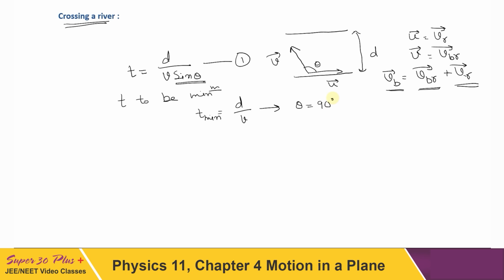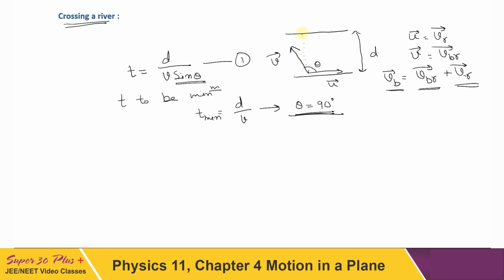So if someone has to cross the river in the shortest possible time, then he has to start rowing or swimming in direction which is perpendicular to the river flow. With theta is equal to 90 degree, he will get to the opposite shore in the minimum possible time. Now, if he starts moving at direction theta with river flow, where it will reach the opposite shore.